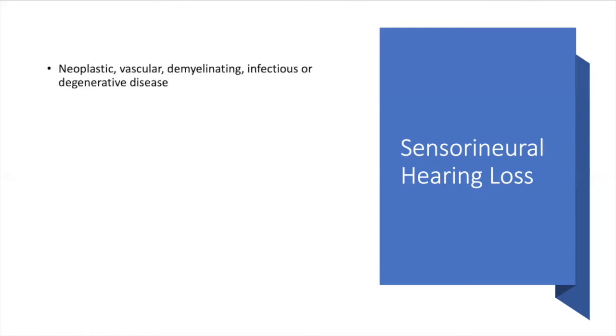Sensory neural hearing loss may also result from any neoplastic, vascular, demyelinating, infectious, or degenerative disease or trauma affecting the central auditory pathways. Hearing loss can accompany hereditary sensory motor neuropathies and inherited disorders of myelin.